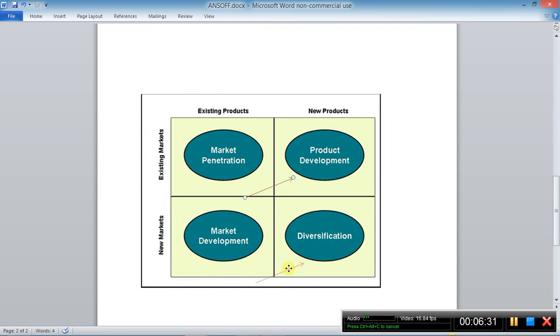Finally, we're going to discuss the last strategy on the model, being diversification. Now this is obviously the most risky strategy of all 4 strategies on the model. It looks at a company producing a new product line for a brand new market.